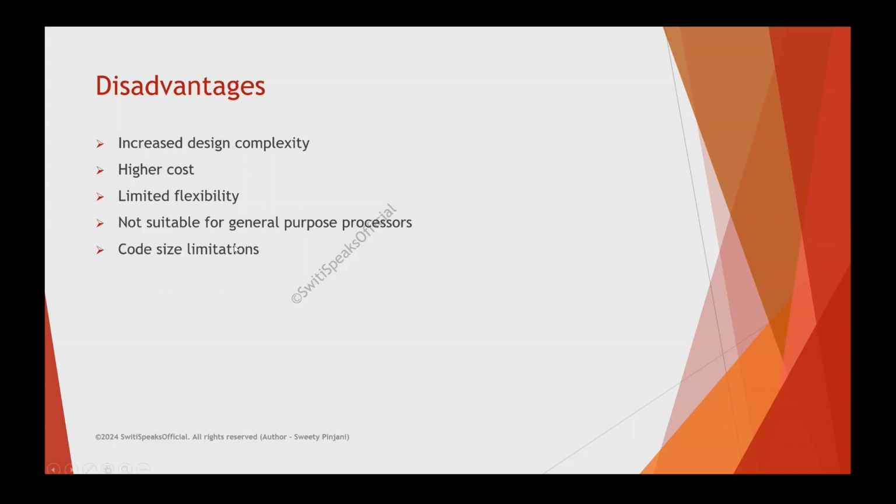Then there is code size limitation. Why? Because you have a fixed instruction length. Because the instruction size is fixed, the instruction memory is fixed. That is why there is very limited code size.